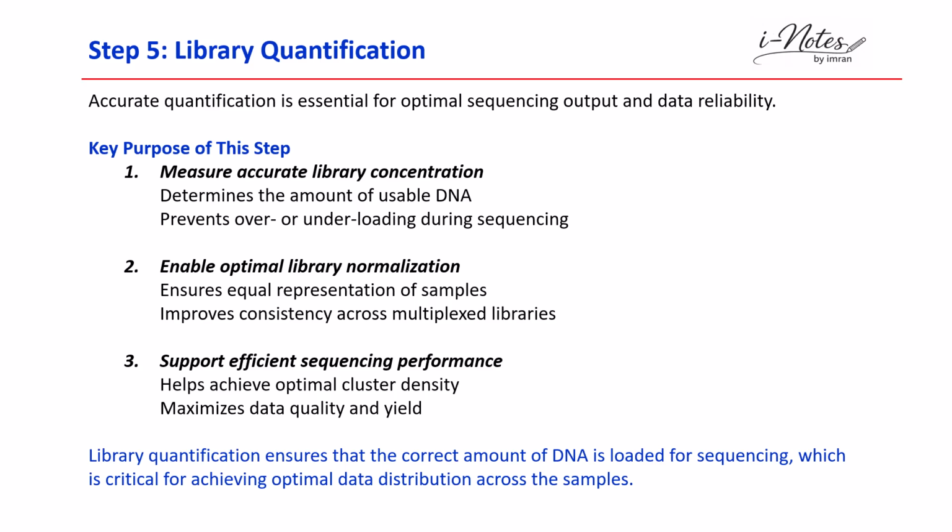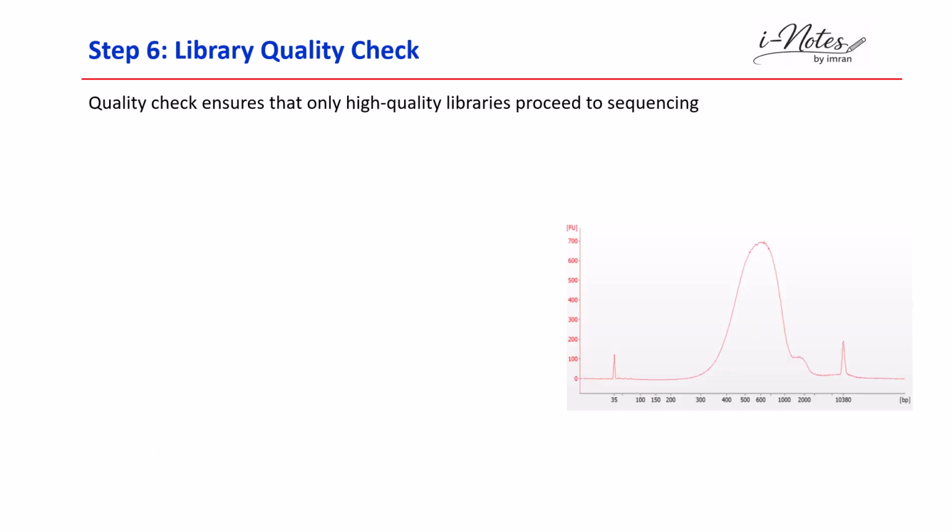Based on equal concentration, you will be able to achieve the optimal cluster density that will maximize the data quality and yield. So at the end, library quantification ensures that the correct amount of DNA is loaded for sequencing, which is very critical for achieving optimal data distribution across the samples.